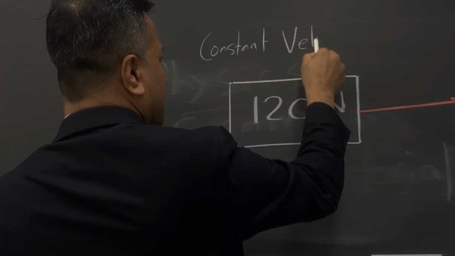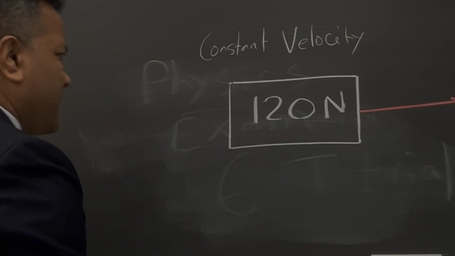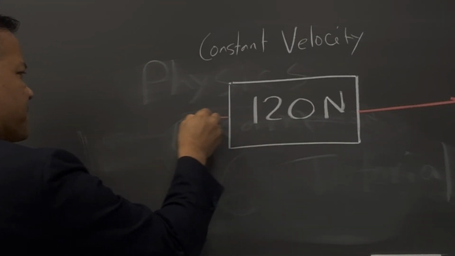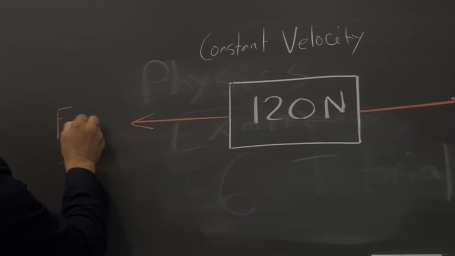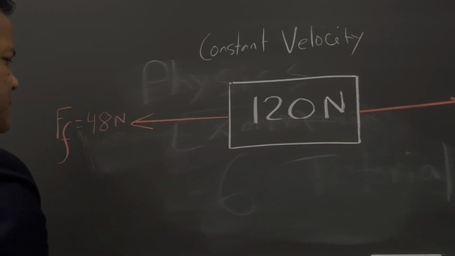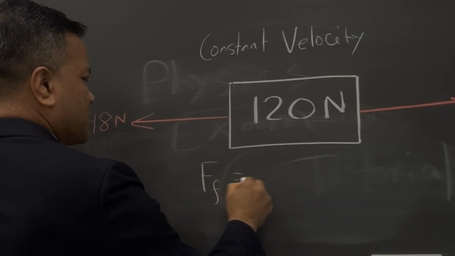Constant velocity. What does that mean? That means the force of friction is also the same, equal in magnitude but opposite in direction: 48 Newton.